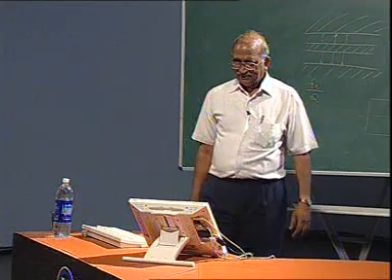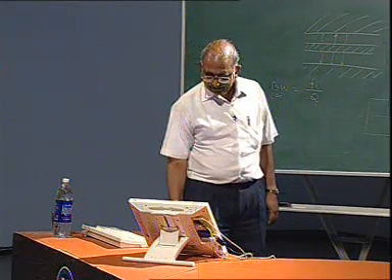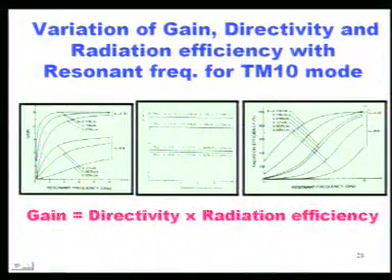These are the gain, directivity, and the radiation efficiency. Now, let us look at the radiation efficiency first. You can see that for lower dielectric constant, it is almost touching 100% for a thicker substrate. When the substrate thickness decreases, the radiation efficiency will also decrease.